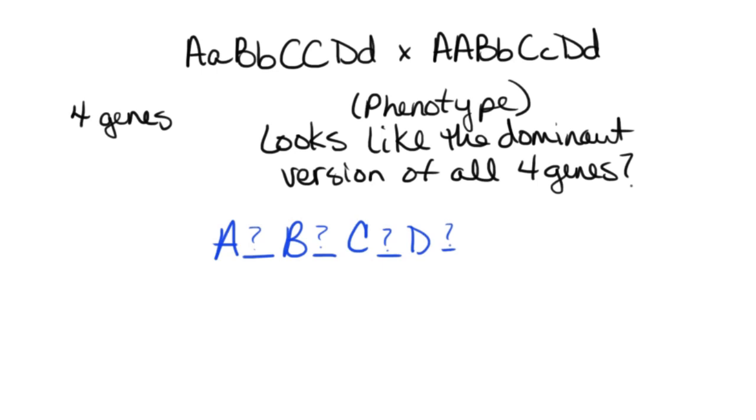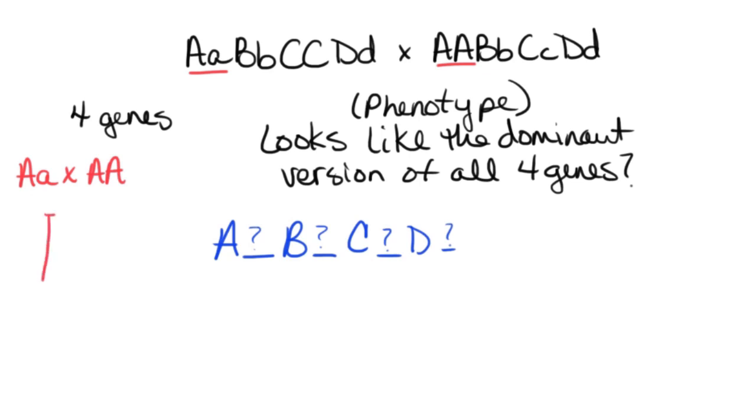So if we look at the A gene first, and I'm going to write my A information over here in red, and I'll write it up here over on the side. So notice that both of my parents, we need to look at their specific genotypes. So I have one that is heterozygous for A, and I've got one that's homozygous dominant.